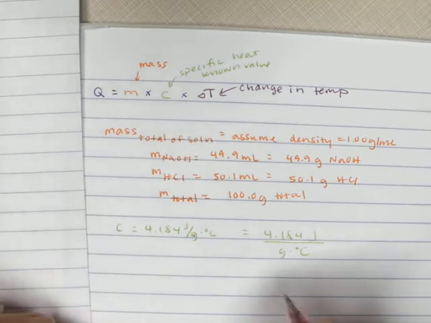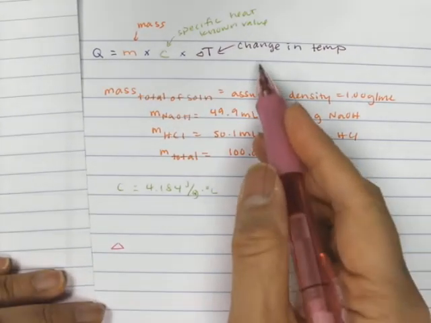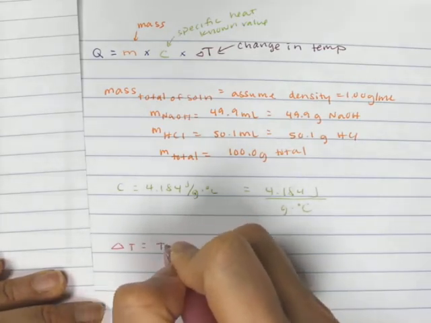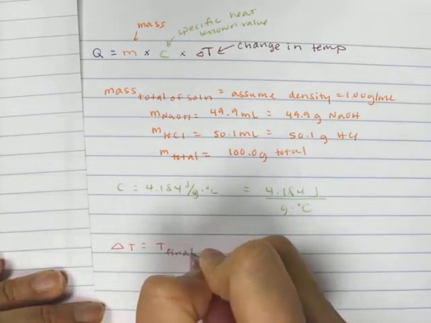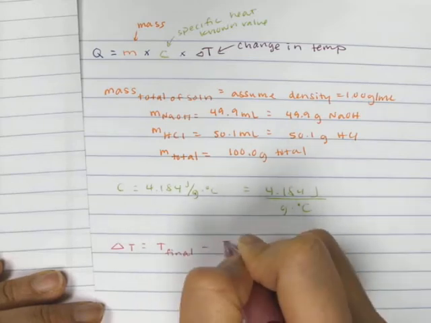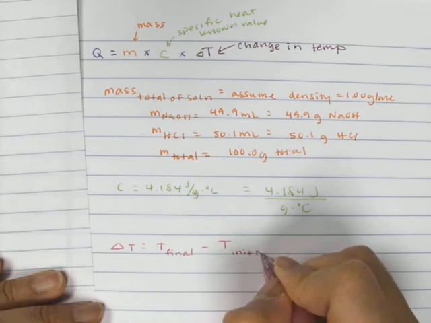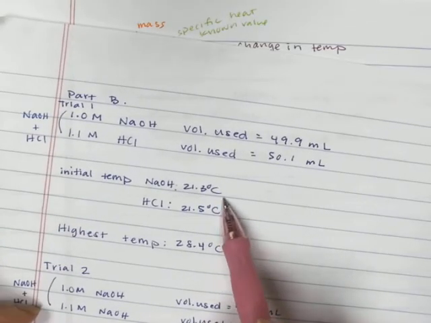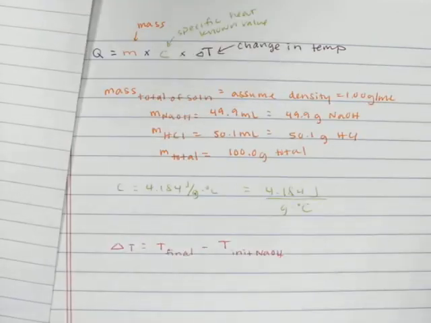Alright, for delta T, I'm going to change the color of the ink here because you can't really tell the difference from that. So this is change in temp. Delta T equals the temperature final minus temperature initial. And you can use the temperature of NaOH if you want. The two values are pretty close together, so you can take the average or just do it for sodium hydroxide since that was what was in the calorimeter.